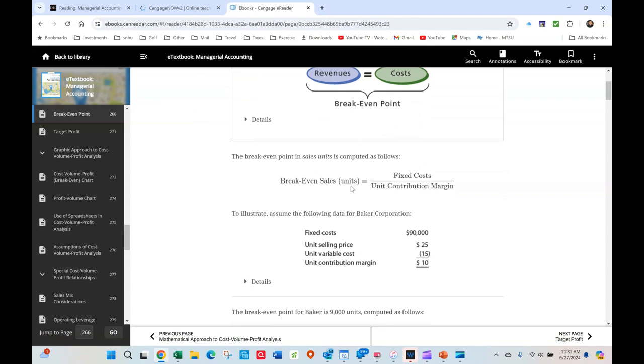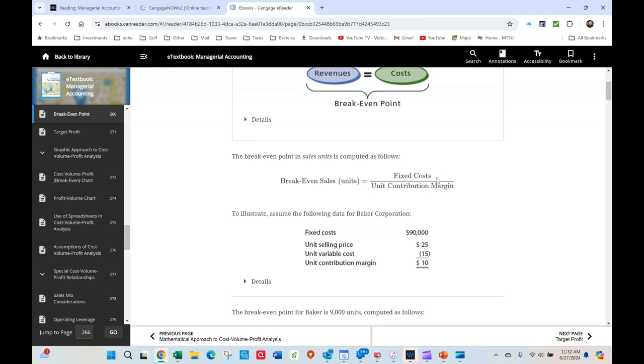Then we will multiply that by the sales price per unit to get the break even in sales. Now later on, we're going to look at how many units are needed if we want a certain profit. So the formula really is fixed cost plus desired profit divided by unit contribution margin. In this case, our desired profit is 0 because that's our break even.